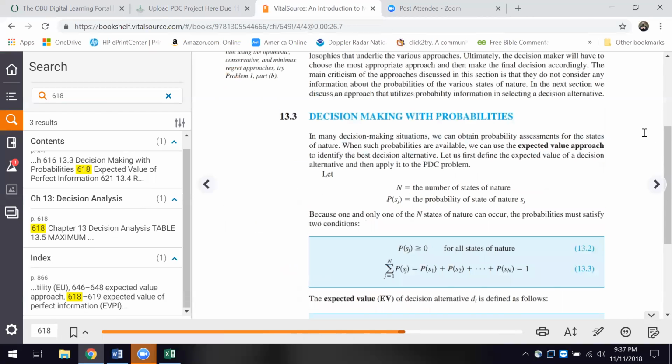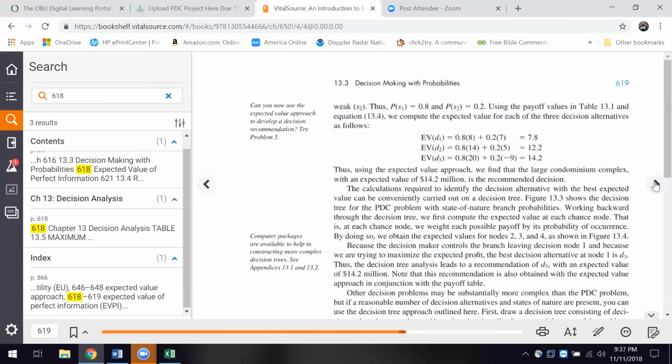The states of nature, the probability that they'll occur. This is a lot like a weighted portfolio. And we'll pop over here to the next, and we start to see the expected values. In your finance course and in stat, you should learn about expected values given a certain state of nature. In this case, I think they're talking about building a hotel or housing units or something, and they have two scenarios.